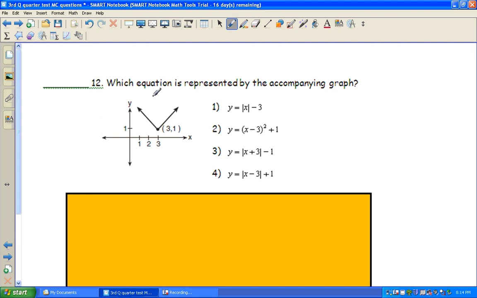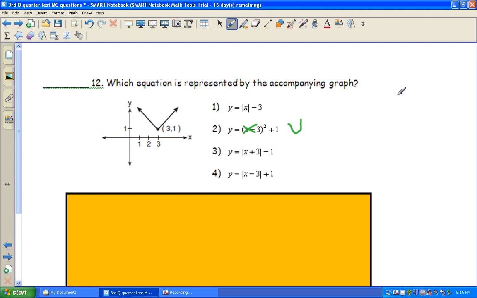Now, last problem here. It says which equation is represented by the accompanying graph. When we see straight lines like this, we know that it's an absolute value. That's a quadratic, that U-shaped curve we saw. Right? So that's no good.